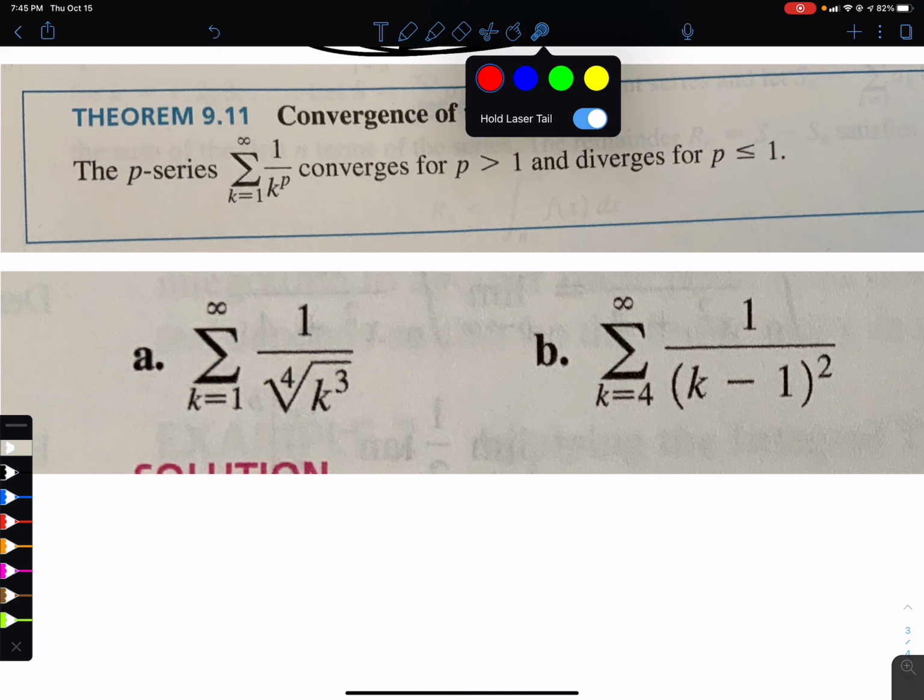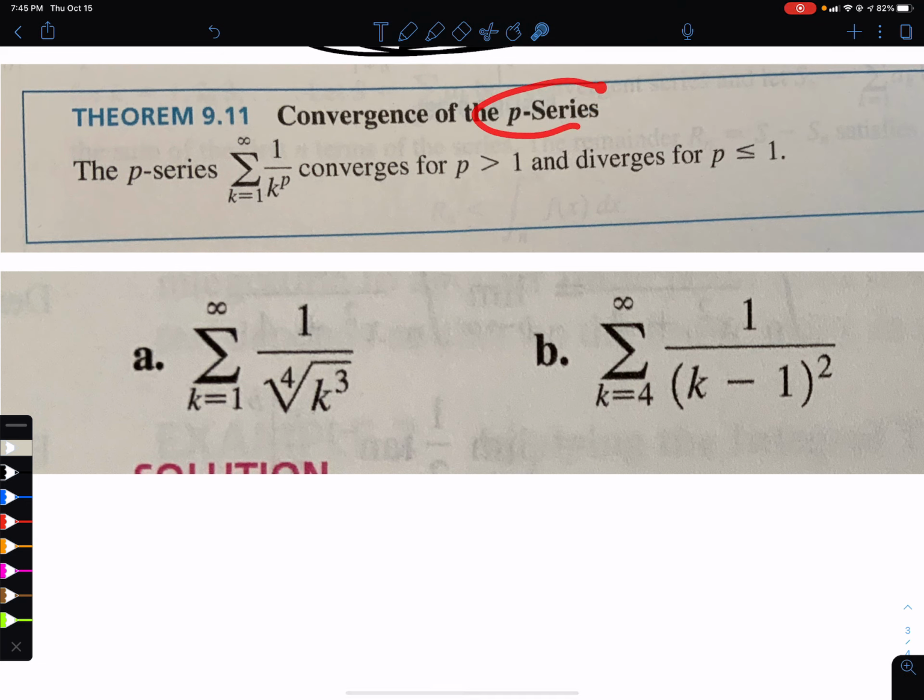All right, a new series you have to know called the p series. It's 1 over k to the p. Now what does that look like? If you write it out, it's 1 over 1 to the p plus 1 over 2 to the p plus 1 over 3 to the p plus 1 over 4 to the p plus dot dot dot.